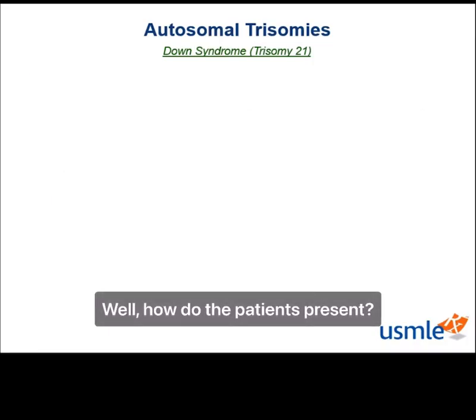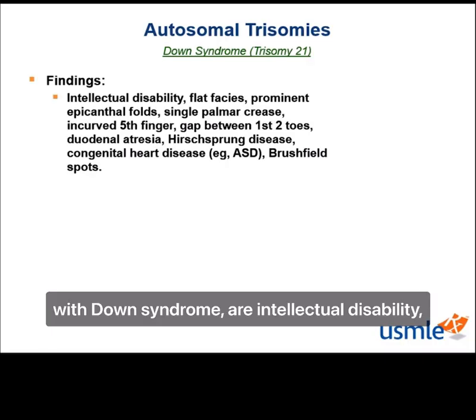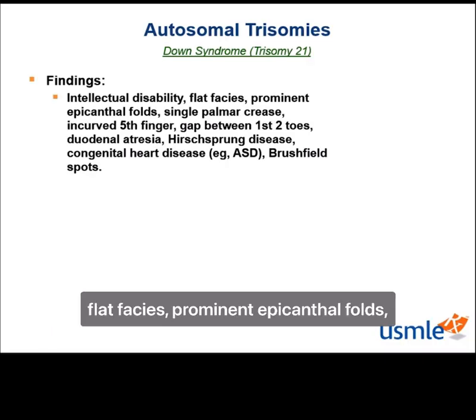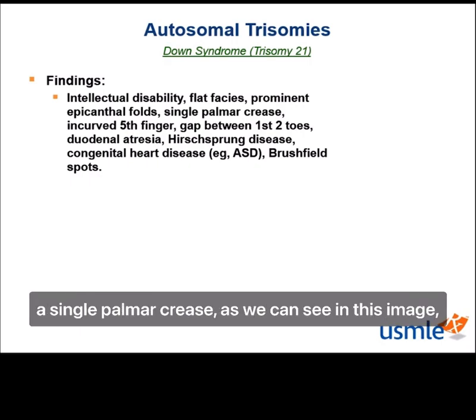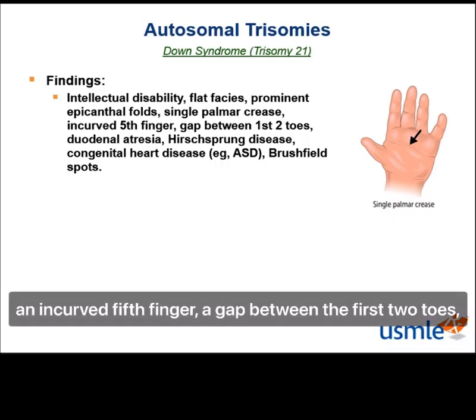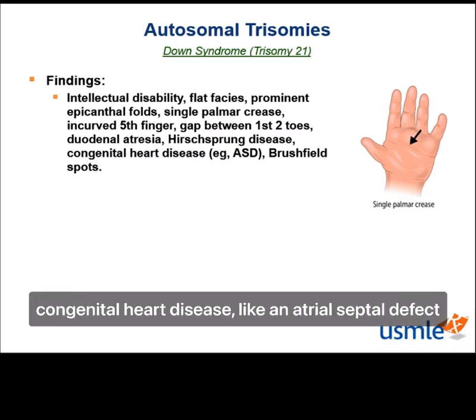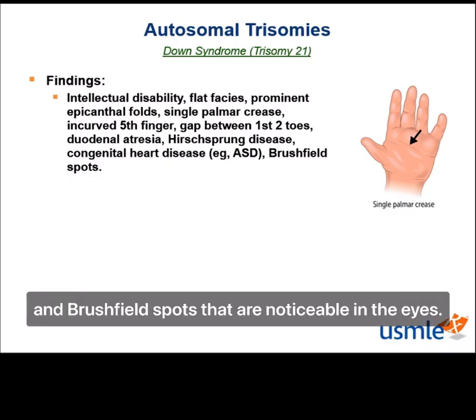Well, how do the patients present? The most common clinical findings in a patient with Down syndrome are intellectual disability, flat facies, prominent epicanthal folds, a single palmar crease, as we can see in this image, an incurved fifth finger, a gap between the first two toes, duodenal atresia, Hirschsprung's disease, congenital heart disease like an atrial septal defect, and Brushfield spots that are noticeable in the eyes.